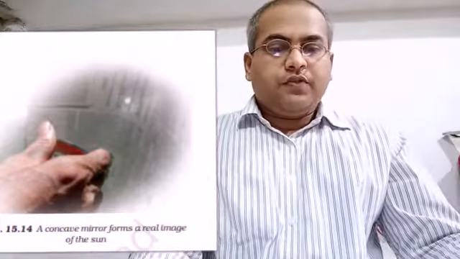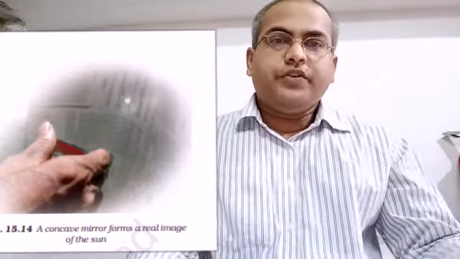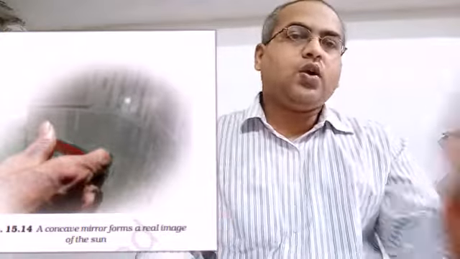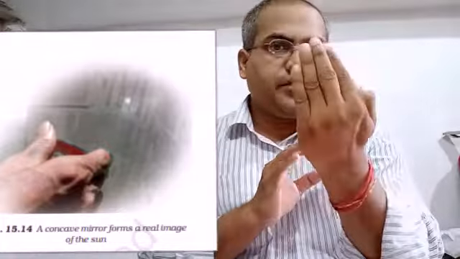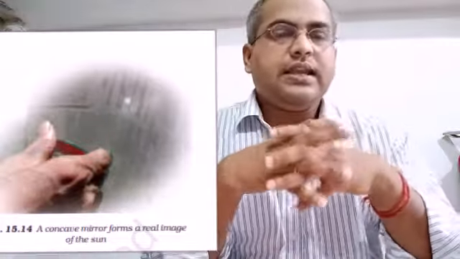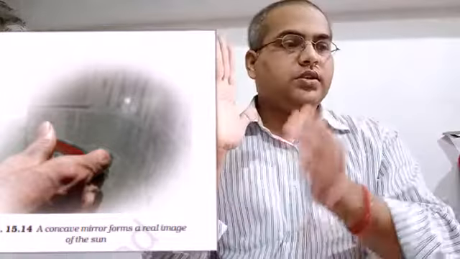Now we are going to perform activity 15.5. Here what you need to do is take a concave mirror, means this side, and a sheet of paper which you use as a screen, and go in the sunlight and try to reflect the sunlight onto the surface of the white paper.